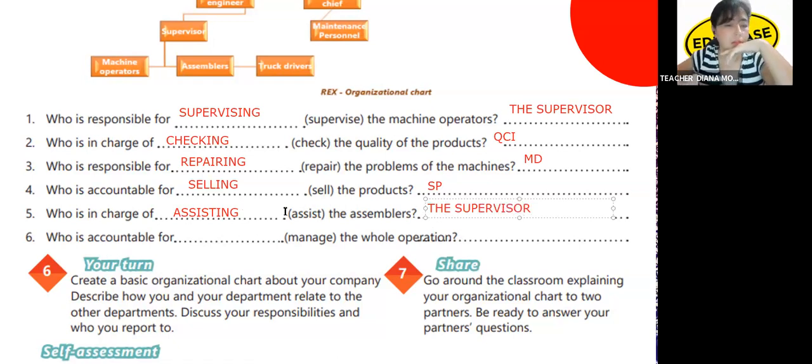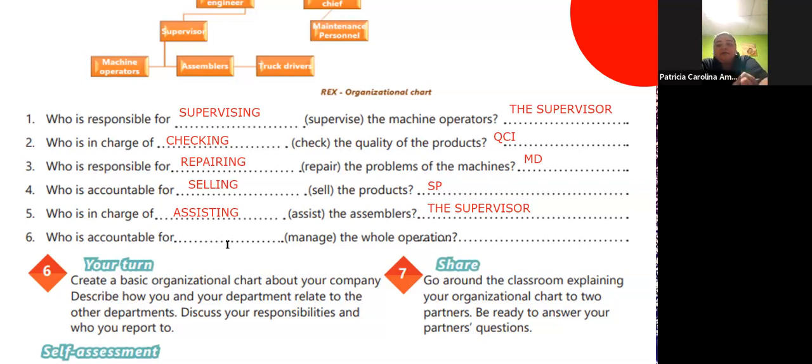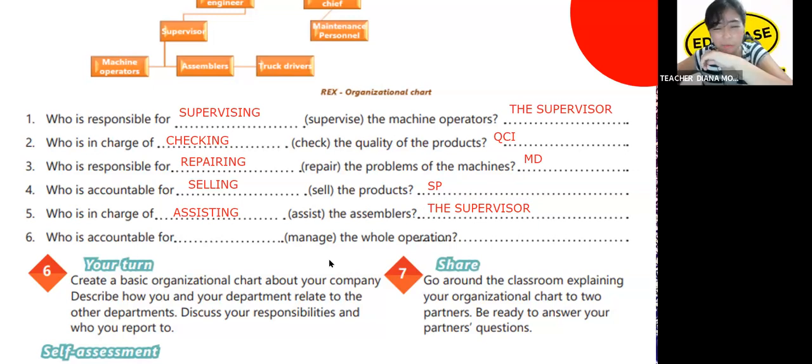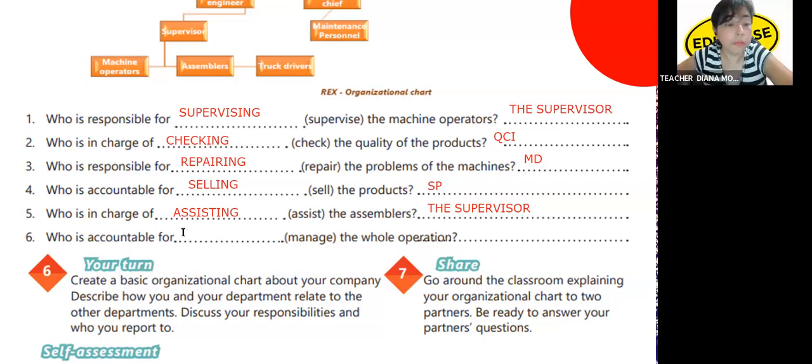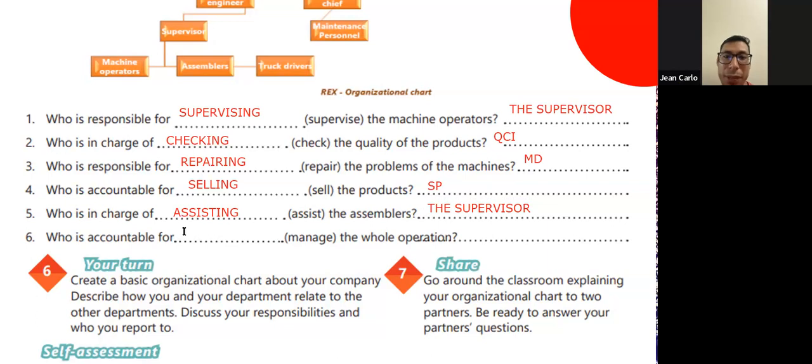And the last one. Who wants to do the last one? Me, coach. Can I? Yes, you can. If you want to participate and nobody else does, you take advantage of the class. Go ahead. Who is accountable for managing the whole operation?